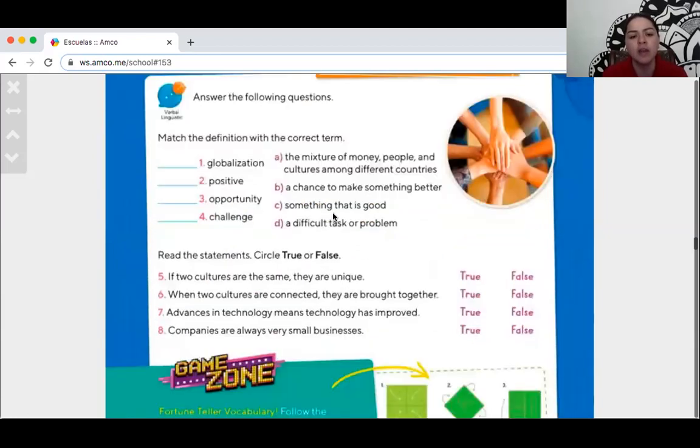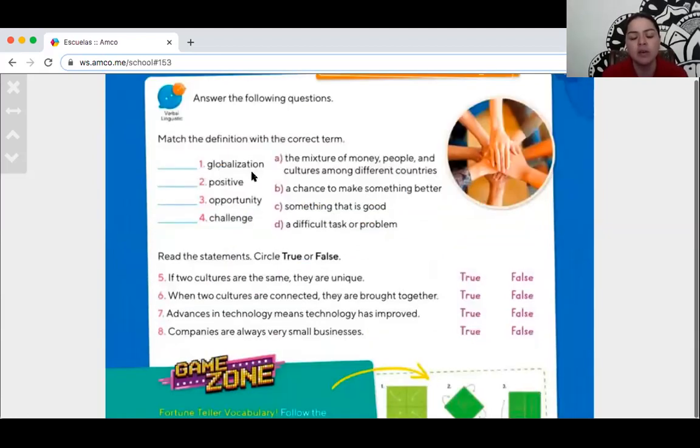So you will be able to know what globalization is if you look in your vocabulary words, and you will be able to know what unique is by going to your vocabulary words, okay? Remember that in the entire section, we have more than one vocabulary list. We have at least 2, so you need to study both of them, okay?